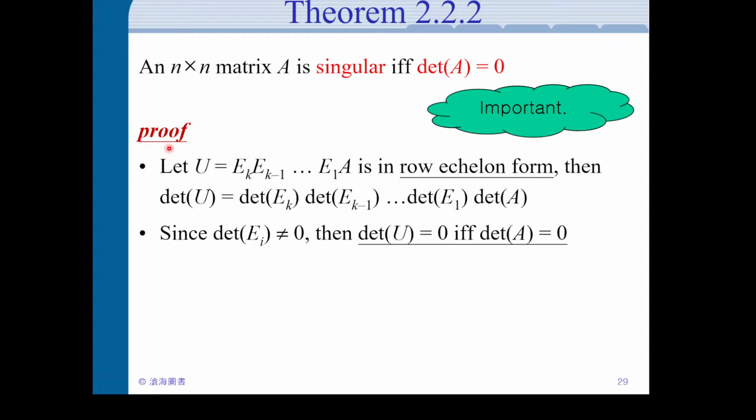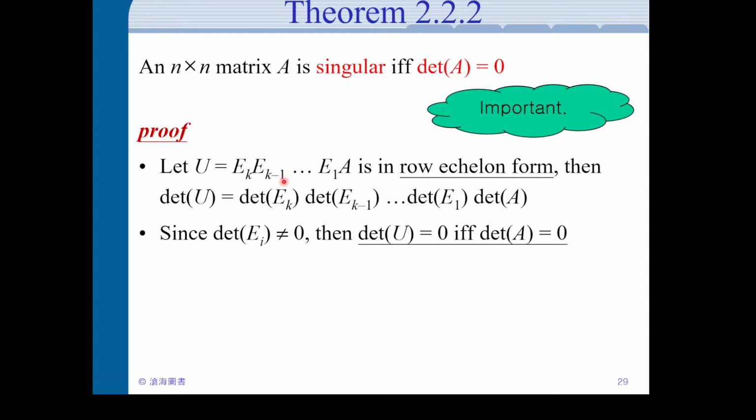What we do is kind of natural: we have those row operations, and we use them to make our matrix into row echelon form. Any matrix can be brought into row echelon form by a whole bunch of row operations, and that's what we do. So U is the row echelon form of your matrix, and you get this matrix by multiplying a whole bunch of elementary matrices onto it.